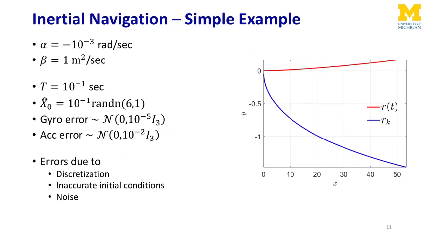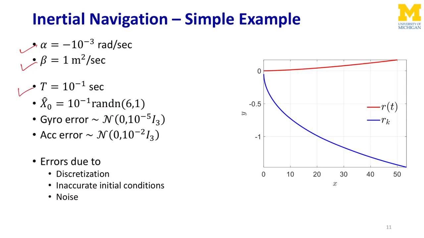So let's see what happens when we do this in a real scenario. Let's say our alpha is given by this value. I chose a negative value because I wanted the plane to pitch up. Because of the choice of my JB axis, which points inwards, I need to have a negative angular velocity to pitch up. So anyways, we consider this case. Alpha is this, beta is this. I'm going to use a sample time of 0.1 second.